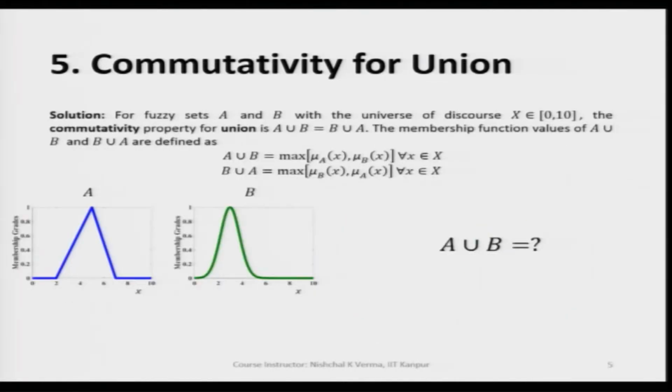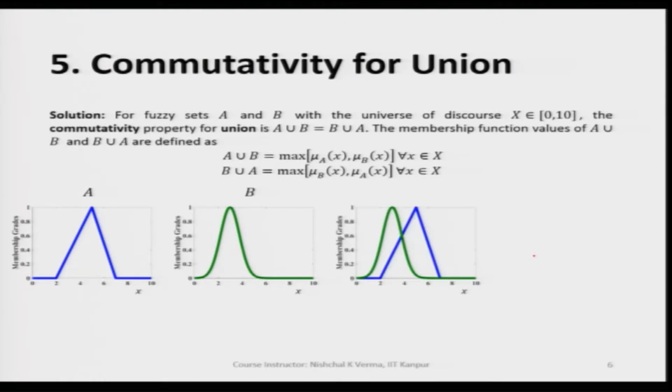So, if we take A union B here, we apply this condition where we take the max of all the corresponding membership values from fuzzy set A and B with respect to their corresponding generic variable values. So, if we do that, we find A union B as this.